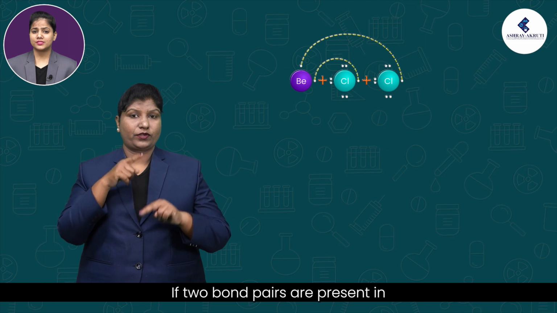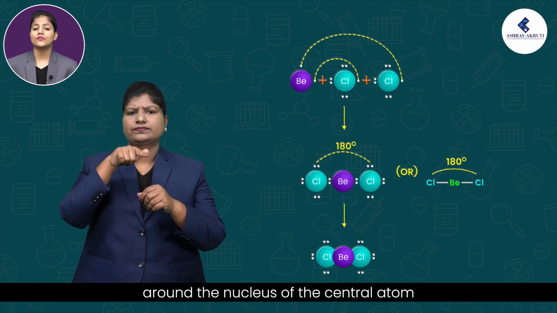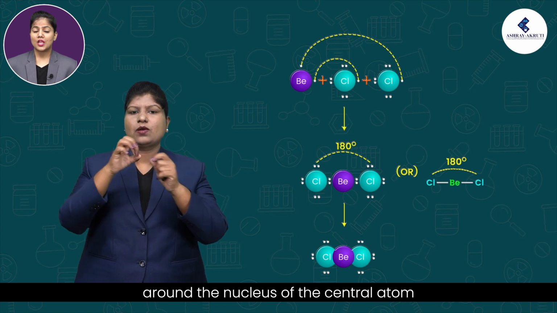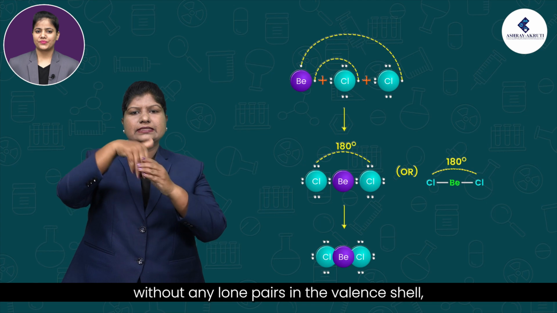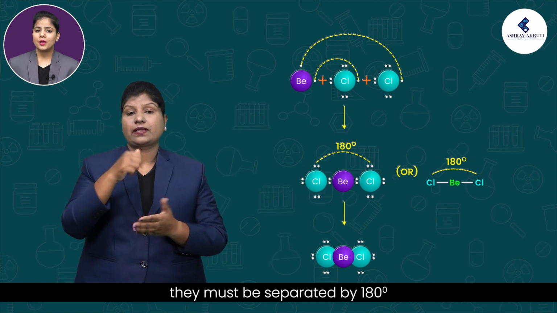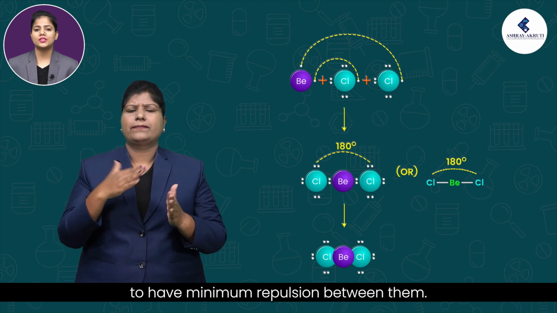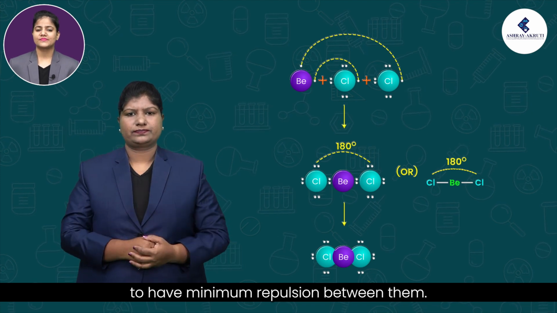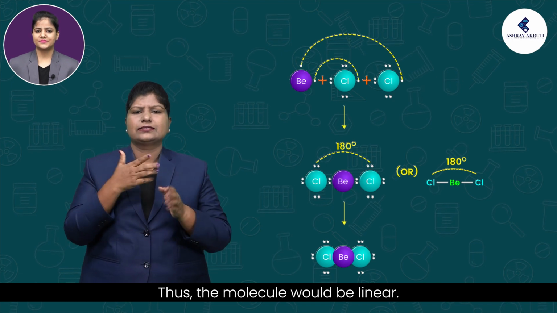If two bond pairs are present in two covalent bonds around the nucleus of the central atom, without any lone pairs in the valence shell, they must be separated by 180 degrees to have minimum repulsion between them. Thus, the molecule would be linear.